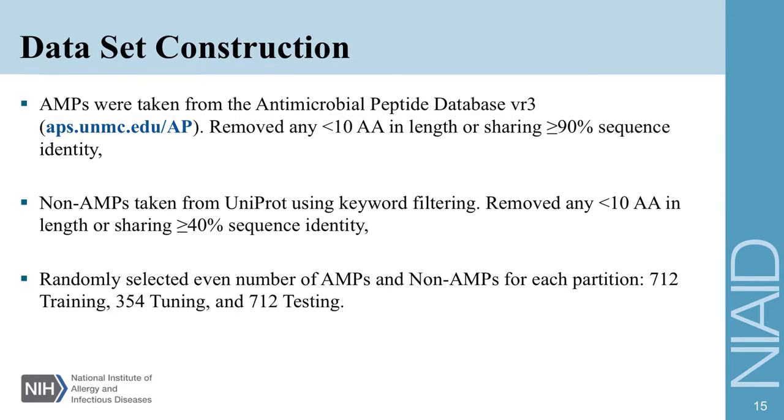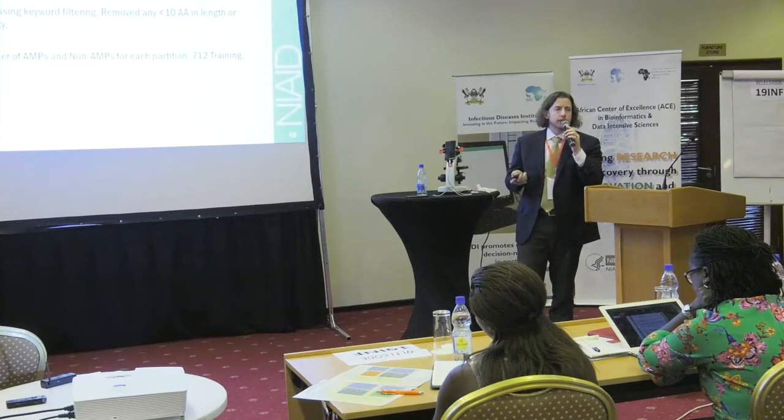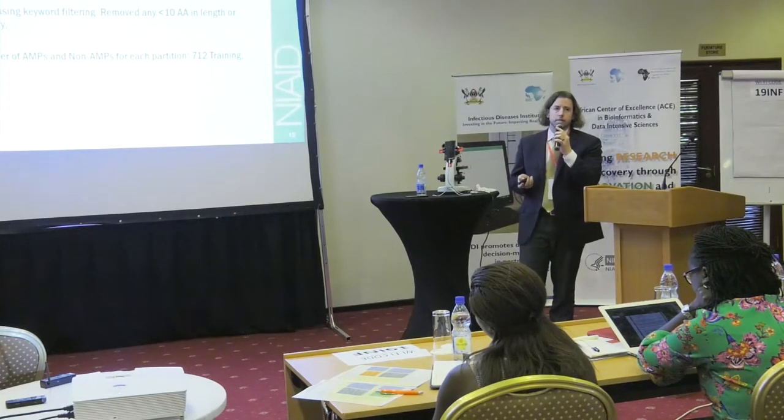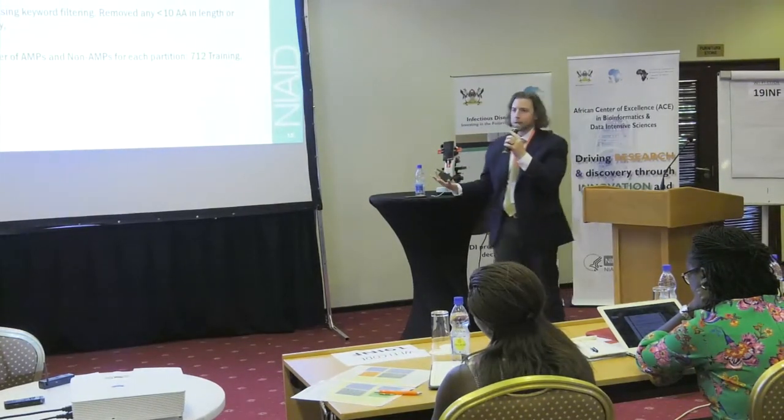So where did we get the data to train on? We used the APD3, the Antimicrobial Peptide Database 3. We used only peptides that were longer than 10 amino acids, and we removed ones that shared greater than 90% sequence identity to reduce some of the redundancy. Unfortunately, one thing we really need in this field is people publishing their negative results. People love to publish when they find a new AMP.